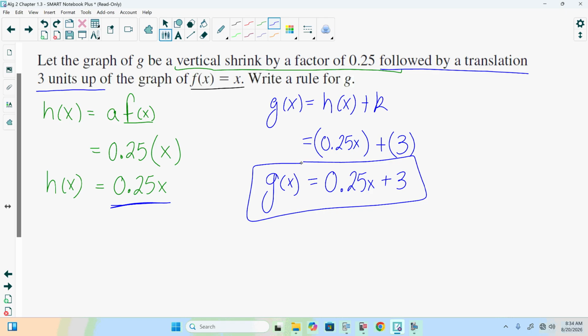Nothing to simplify, nothing to reduce. So we just drop those parentheses and call it good. So is this any different than what we've been doing? No, we just do multiple transformations on the function to get there.